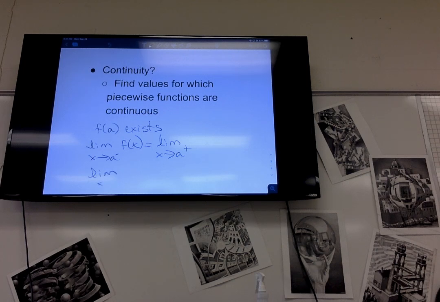And that limit as x approaches a has to equal f of a. Those are the 3 rules, basically, ways that we prove that something is continuous.